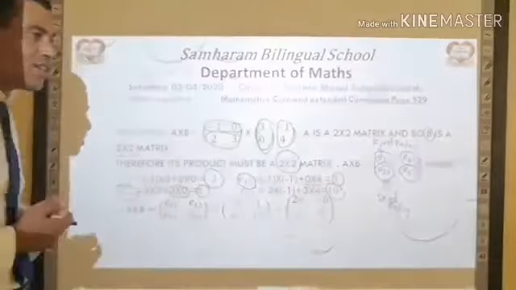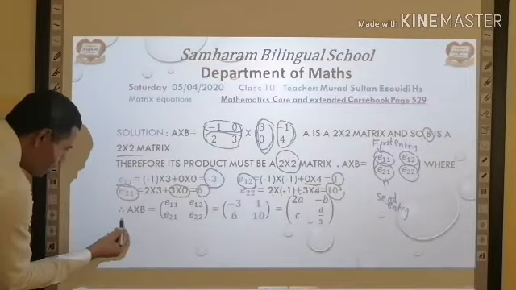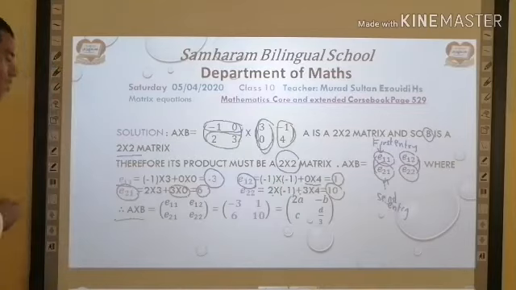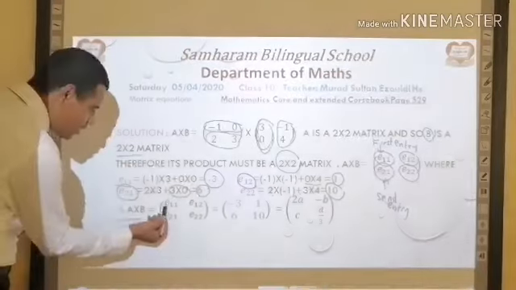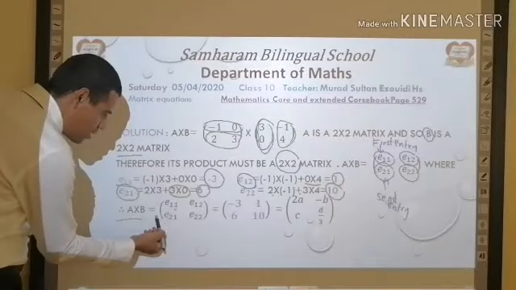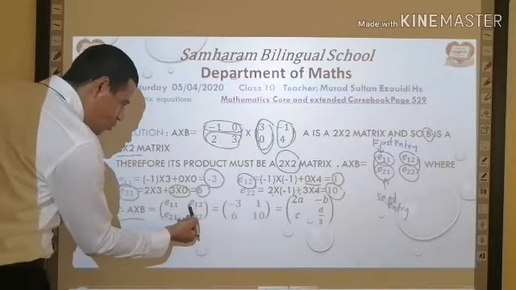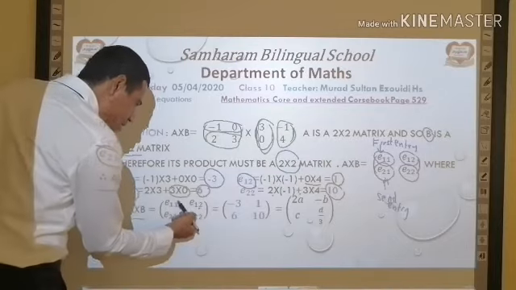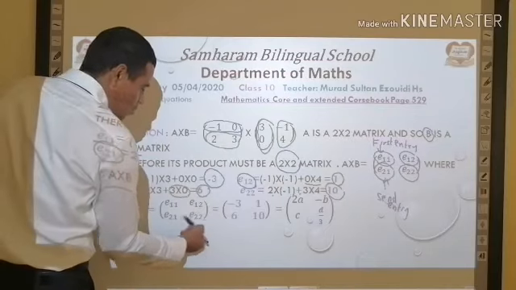I can write the product of these two matrices. Therefore, the product of the matrix A and matrix B is, in fact, E11 means row 1, column 1, E21 means row 2, column 1, E12 means row 1, column 2, and E22 means row 2, column 2.